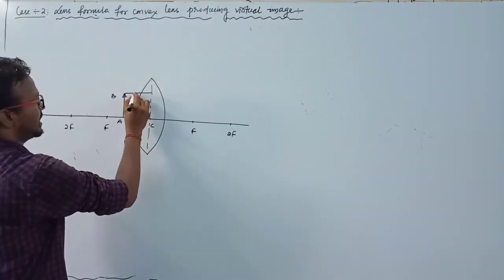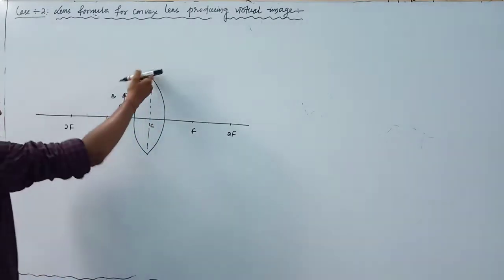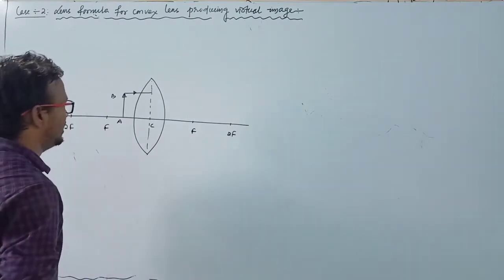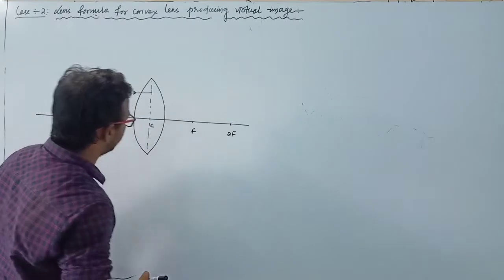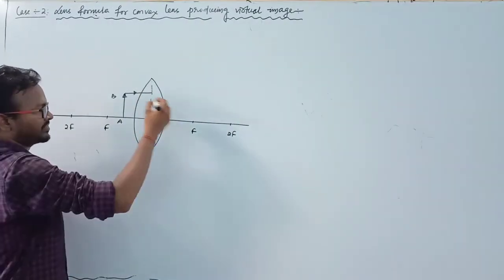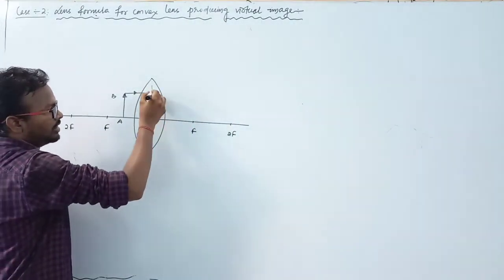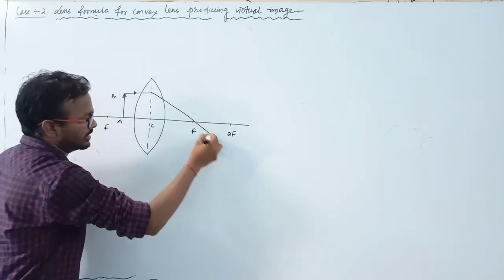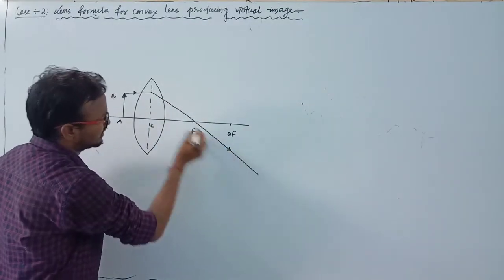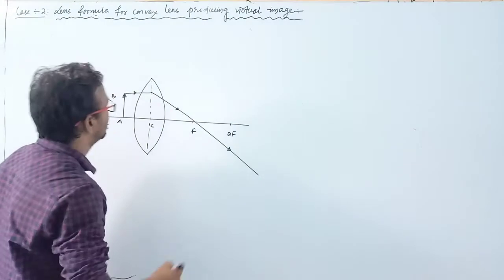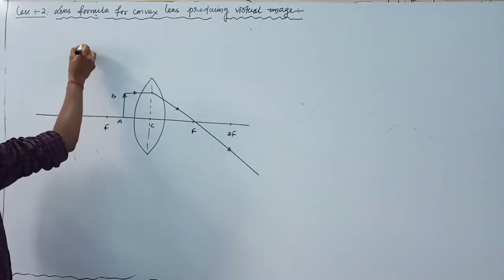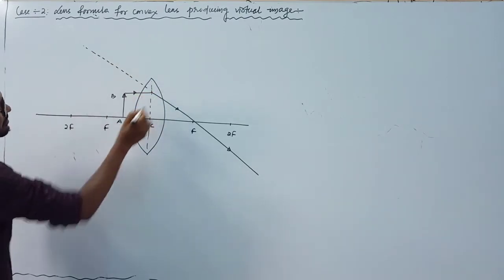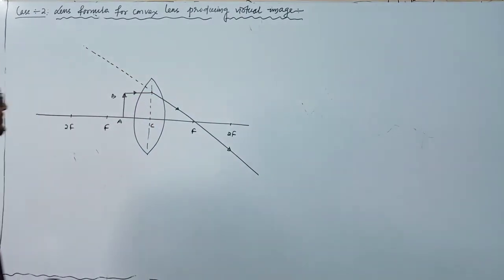The ray which is parallel to the principal axis, for this small aperture, after refraction through the lens, passes through the focus point like this. This is the refracted ray, and if you draw the line of action of this ray, then this is the line of action.